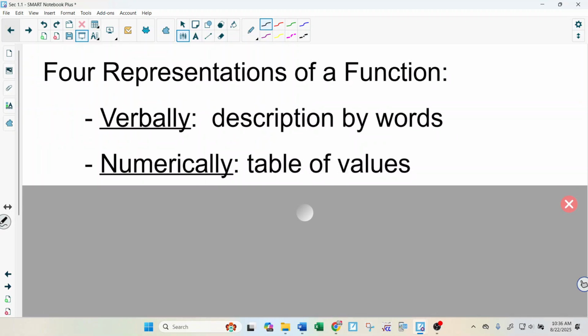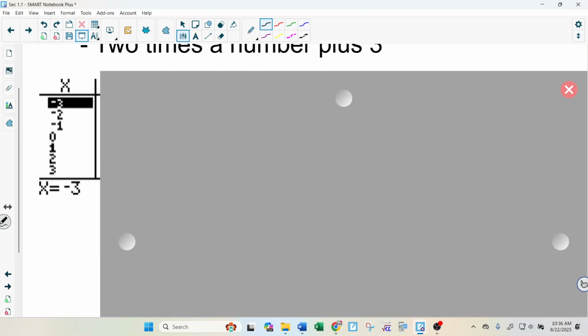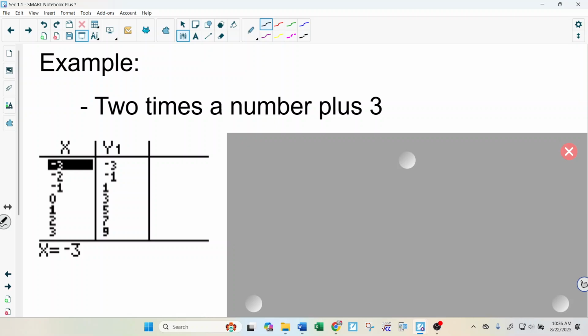The second way is numerical. Table of values. So what that would look like is like that. Sometimes we'll be given a function in words.